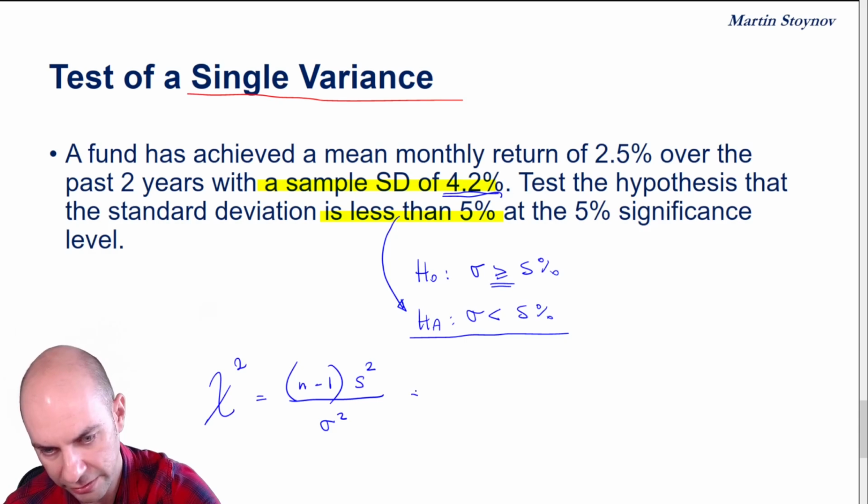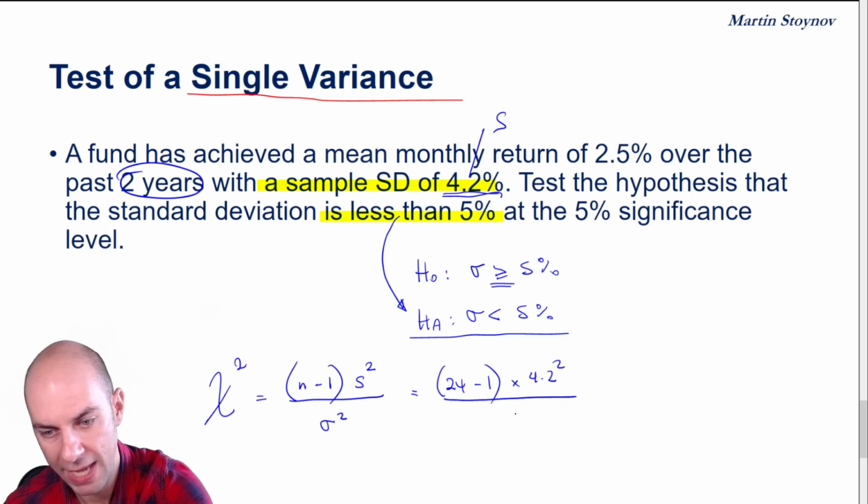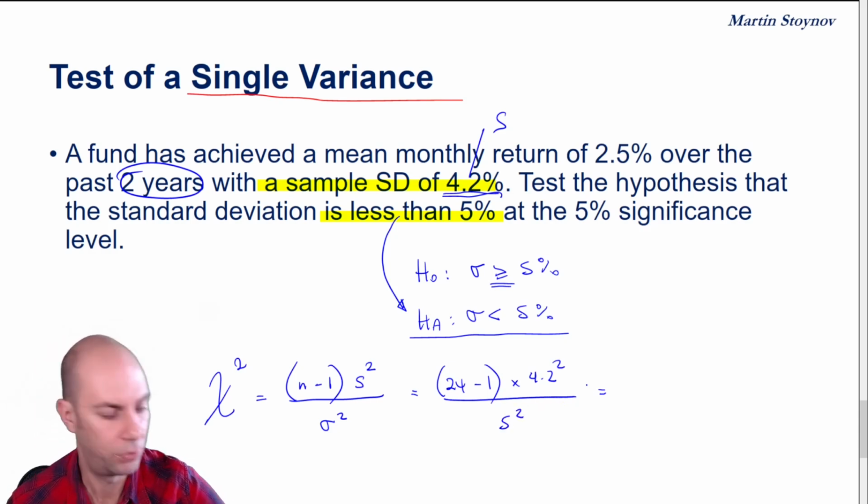Okay, well, continuing with the previous example, we know that 2 years of monthly data are 24 observations. We're going to lose 1 degree of freedom here. Our sample standard deviation is 4.2. Our hypothesized standard deviation is 5. So this is the formula that you need to be computing, my friends.